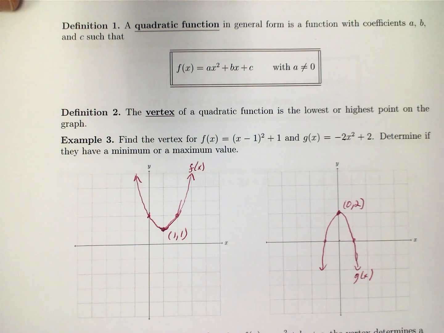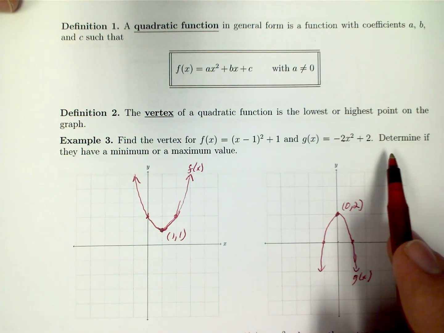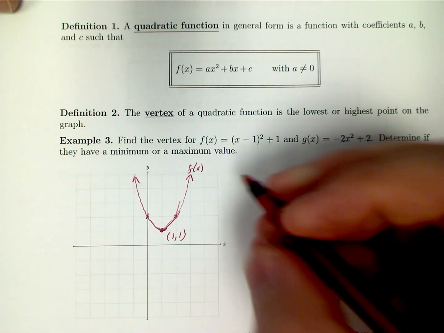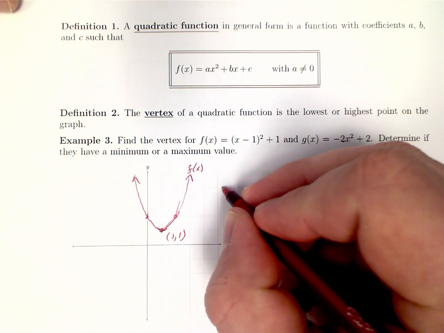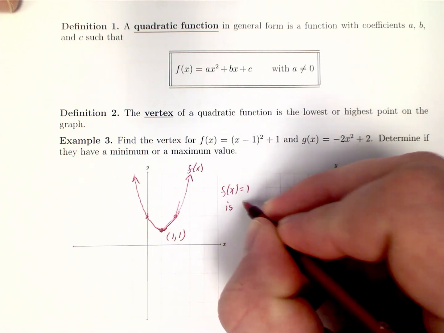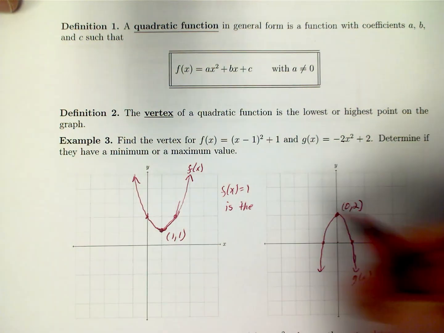All right? So here we graphed it and we found it, but as it turns out, there are other ways to know. Here it was a minimum. So the output of the function is the minimum value. So f of x equals 1 is the minimum. When we talk about minimum or maximum values, we're talking about the output.